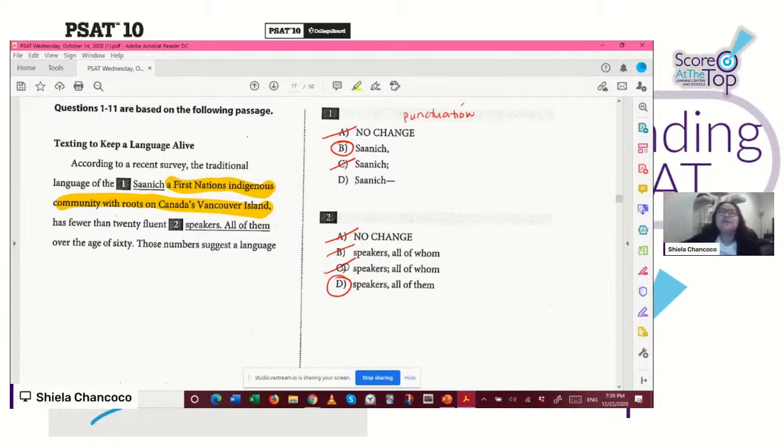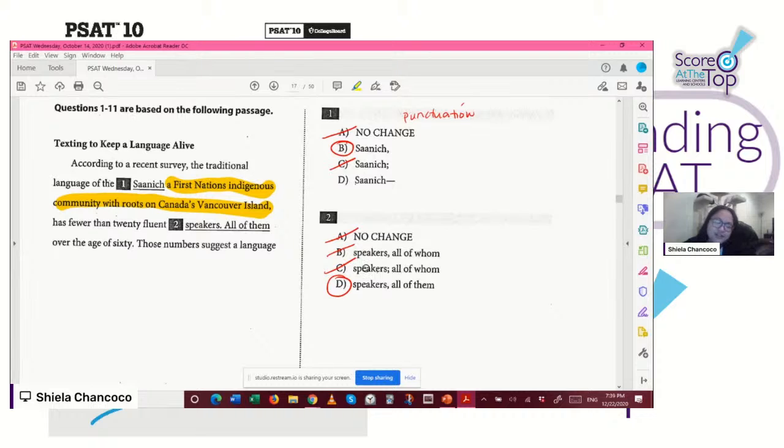So here's how you know if it's of whom or of them. All of whom are going to. All of whom is a subject term, and is there a verb after all of whom over the age of 60? No. So all of whom are over the age of 60, then yes, that would be a good sentence.